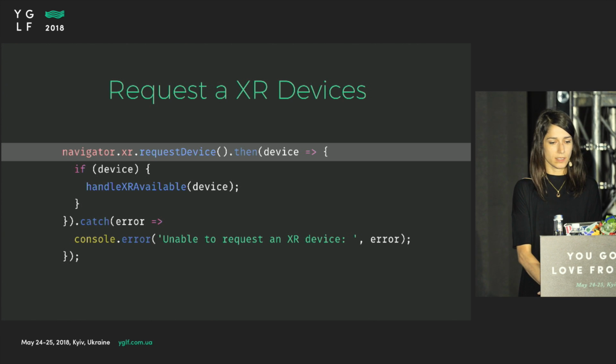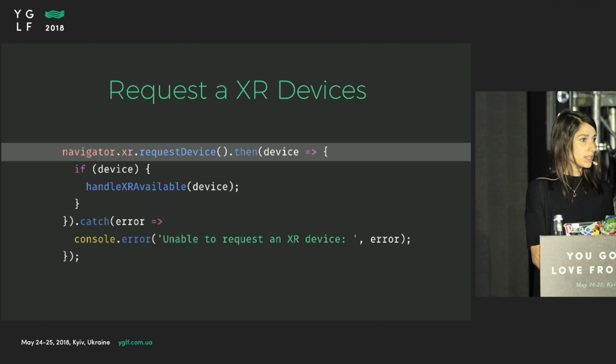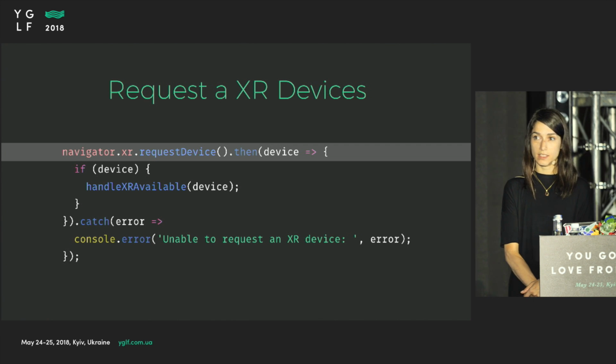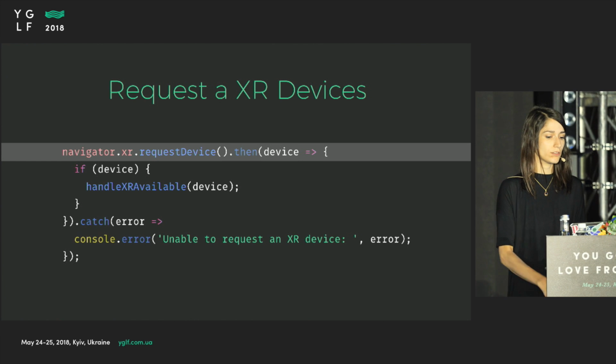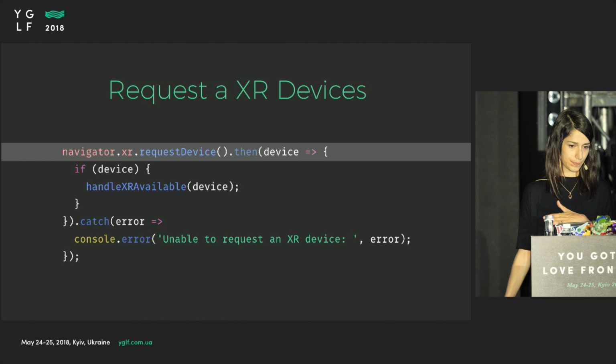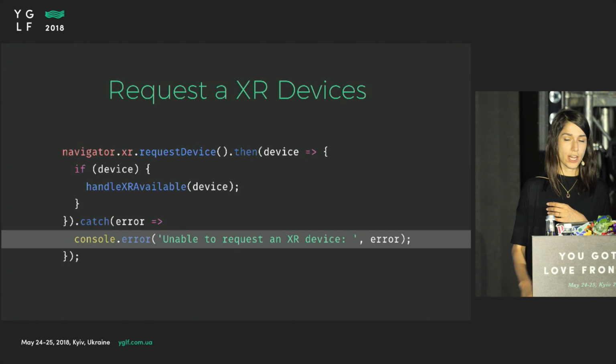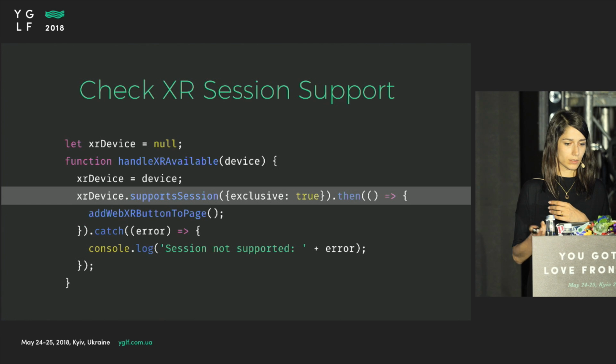So to request the XR device, we use the navigator.xr object that has a list of all the XR devices. And the requestDevice method returns a promise that is resolved with the default device if there's one available. And if there's none, the promise gets rejected with a not found error.